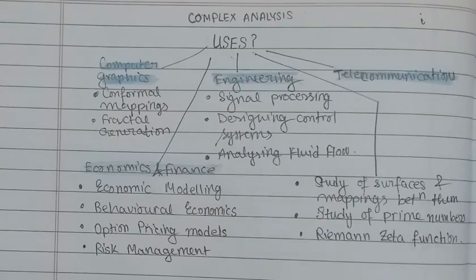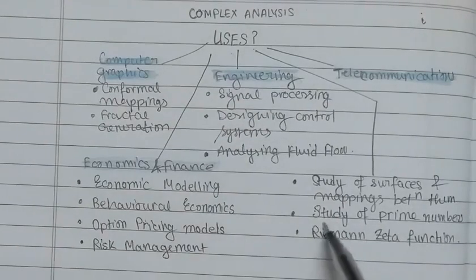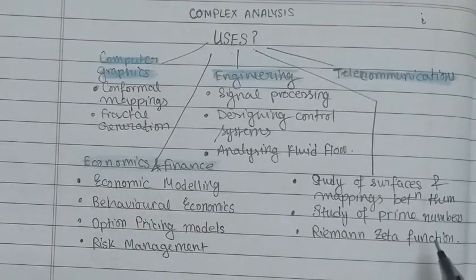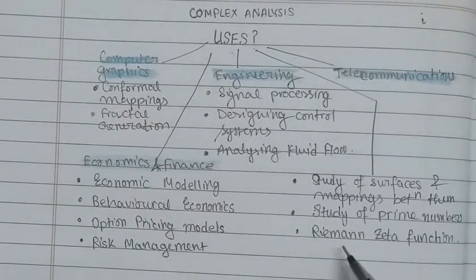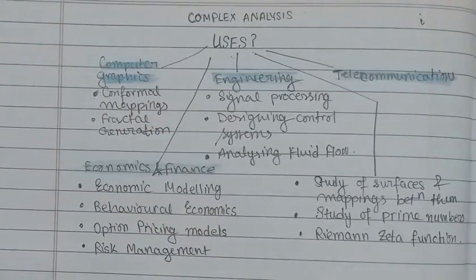So complex analysis provides a tool wherein you can locally preserve the angles between the surfaces, and it's very useful in doing that. Then it also comes up in number theory when you study prime numbers, and when you discuss the zeros of the Riemann zeta function, right?